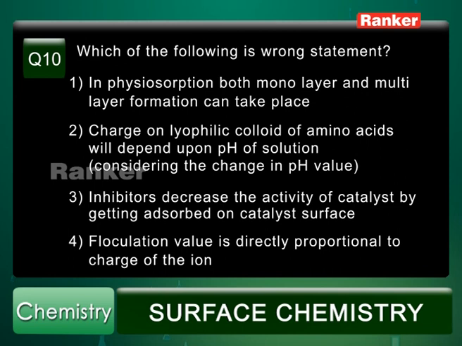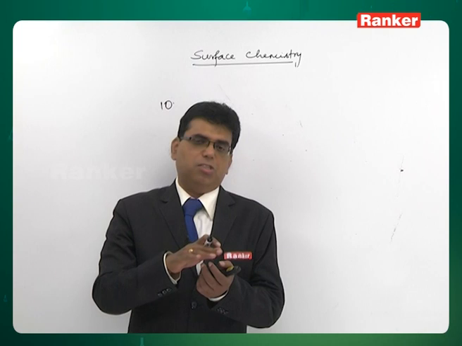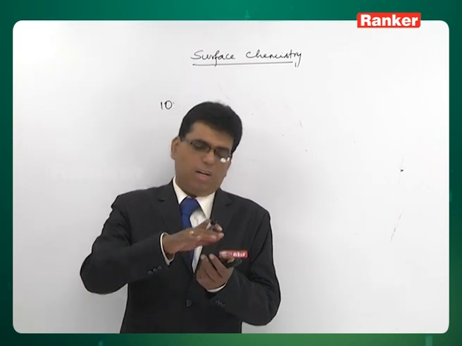Which of the following is a wrong statement? This question is again about the correct or incorrect statement. In physisorption, both monolayer and multilayer formation can take place. Yes, in physisorption it is both monolayer and multilayer, because physisorption is basically due to the unbalanced valence forces.